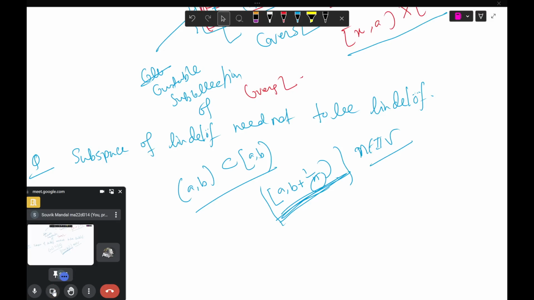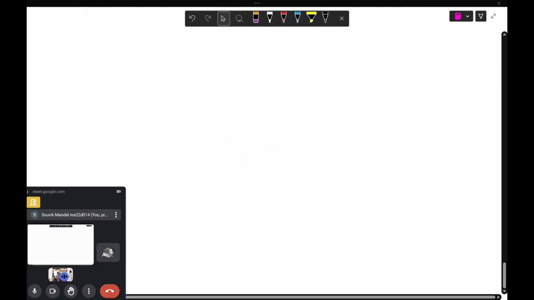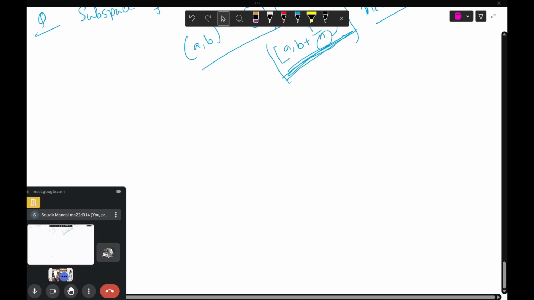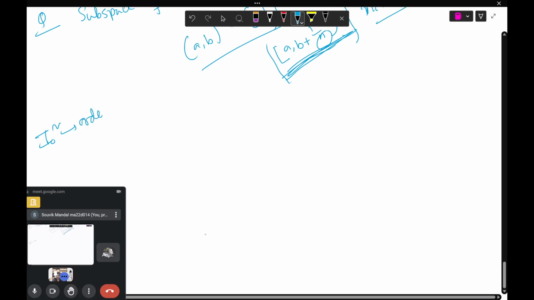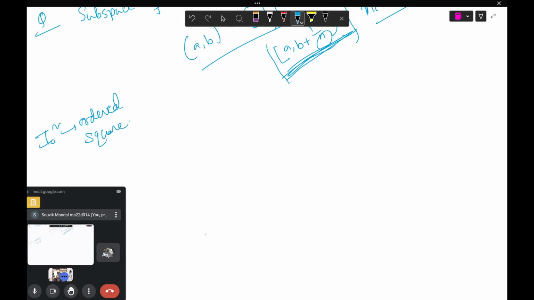So do you have any counterexample? No, sir. Okay, so the counterexample is as follows. Do you know the ordered square? Sir, in which we define a partial order relation.